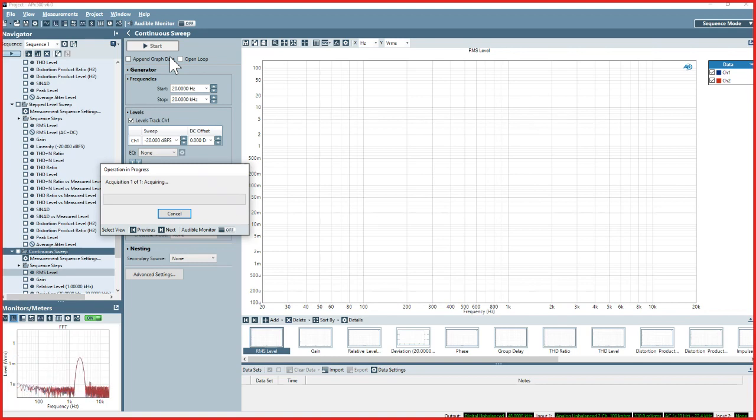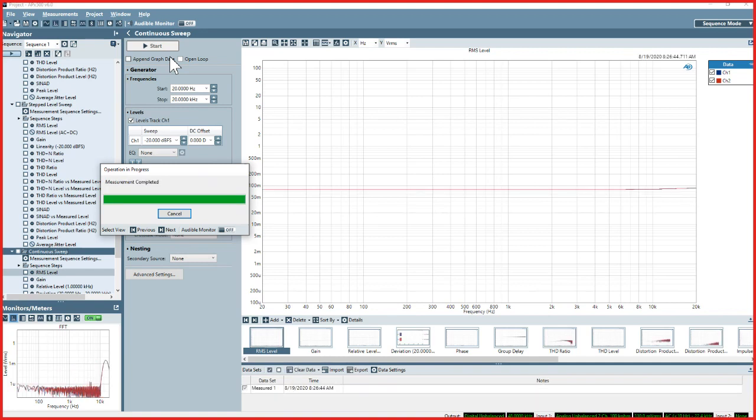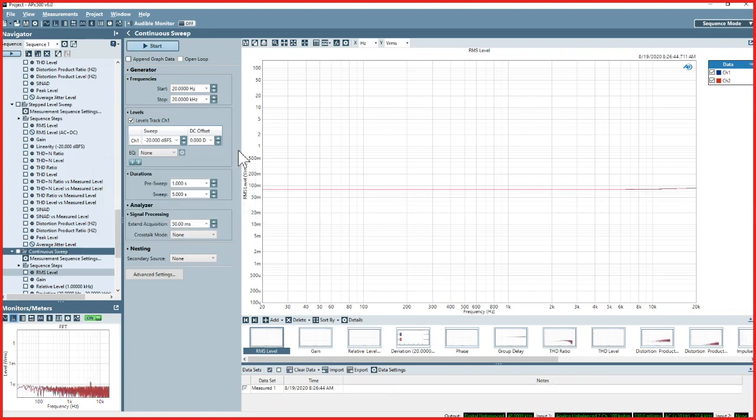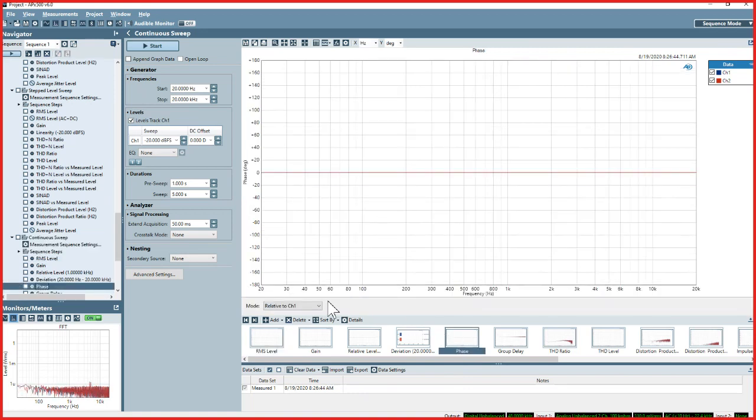So we're sweeping the device with a Farina sweep. We get its frequency response again, but now let's look at a couple things. So here's phase, and this is the inter-channel phase. So this is the phase from the right channel relative to left channel or channel 1.